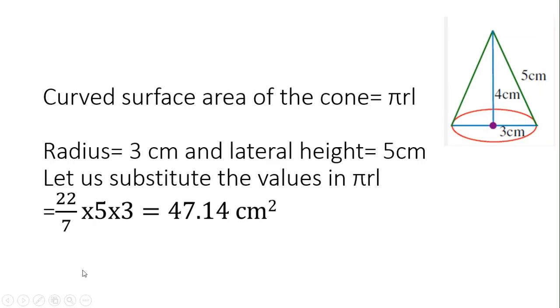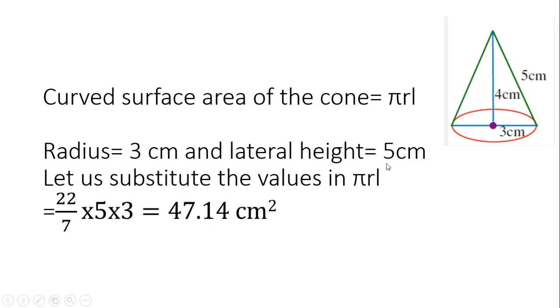Now, in order to get the paper sheet required for each cap, we need to find the curved surface area of the cone. The formula for the curved surface area of the cone is pi r l. R we know and l we have found. Substituting the values: radius is 3 centimeters and slant height is 5 centimeters.